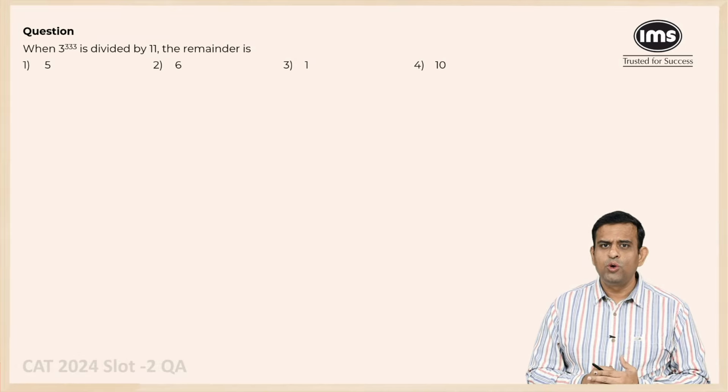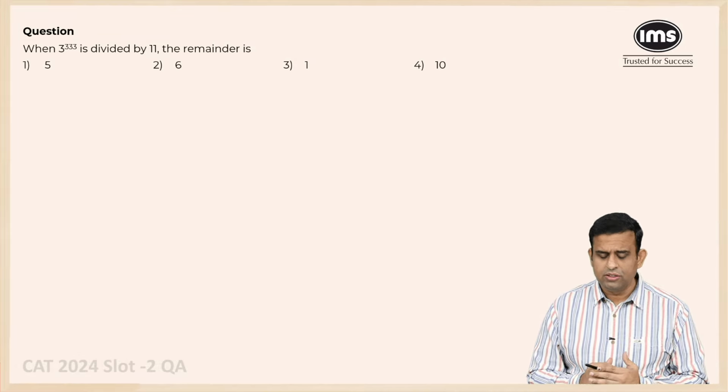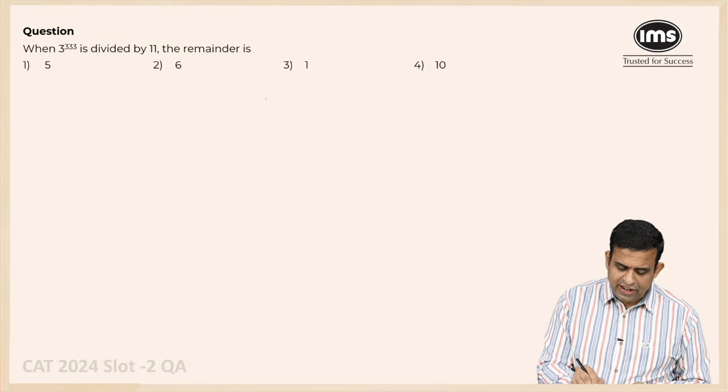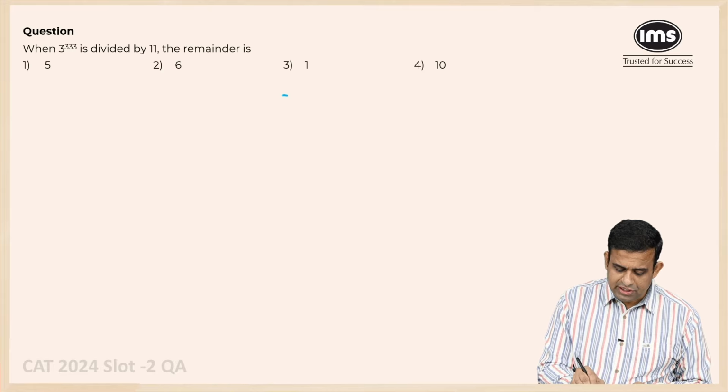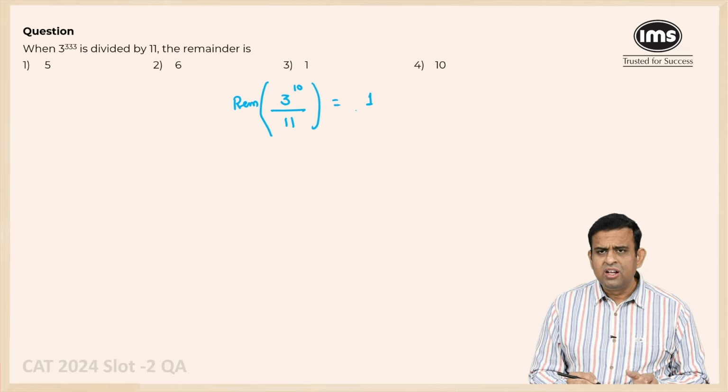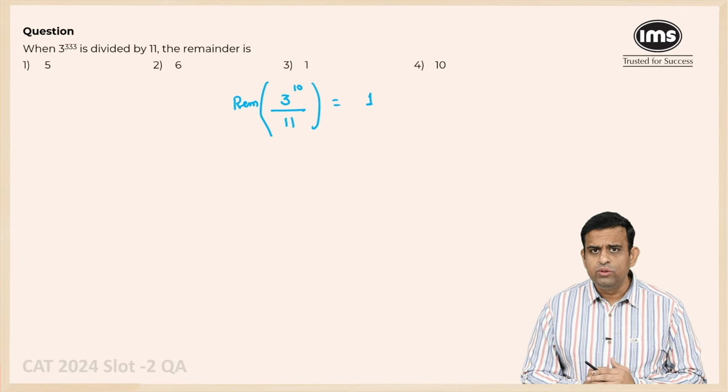Many of us may want to use the Fermat theorem over here. In this context, since my divisor is 11, the Fermat theorem says 3 raised to 10 when divided by 11 gives a remainder of 1. So without looking at the pattern, we can do this.